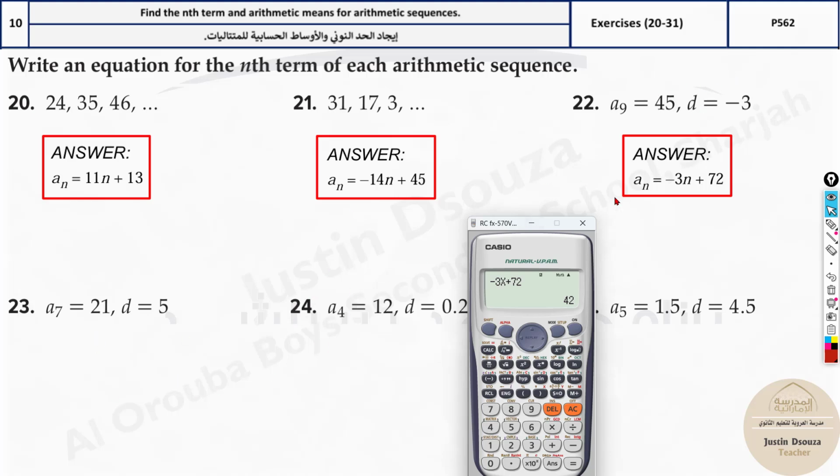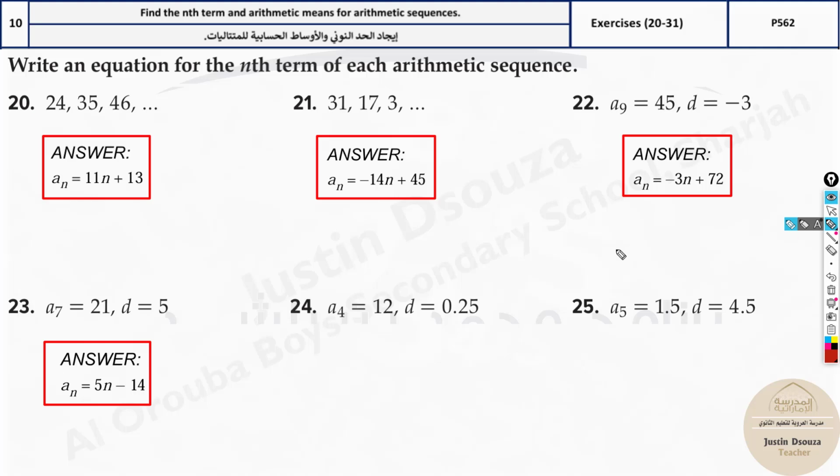Same thing can be done, or you can use the formula over here. But when you're using the formula, in this case, because you have been given the fourth term, the formula is an equals a1 plus n minus 1 times d, right? You don't have a1, so first you need to solve for a1.